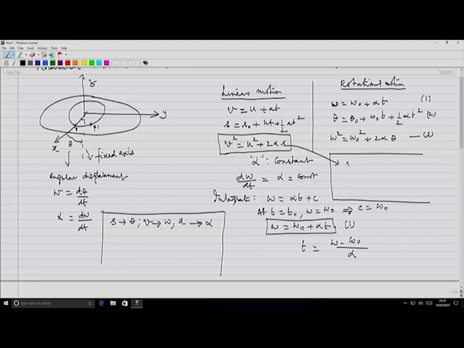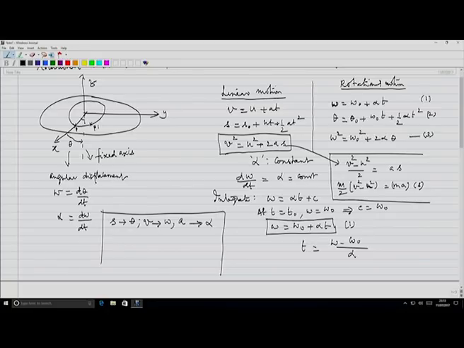Now I will take this particular one. v squared minus u squared by 2 is equal to a into s, displacement. Multiply by m on both sides. So v squared minus u squared is equal to ma into s. What we have on the left hand side is the change in kinetic energy.